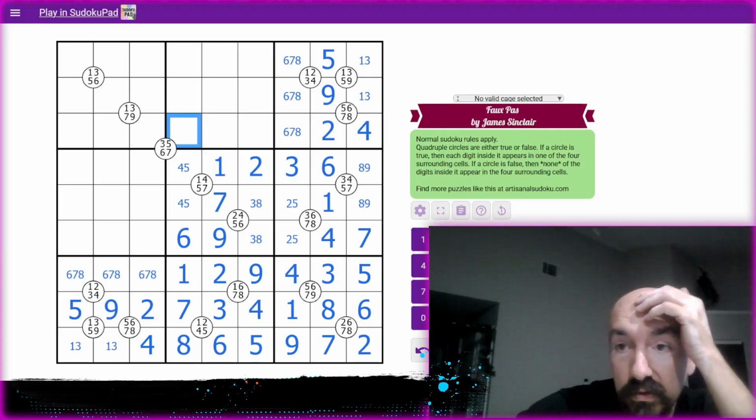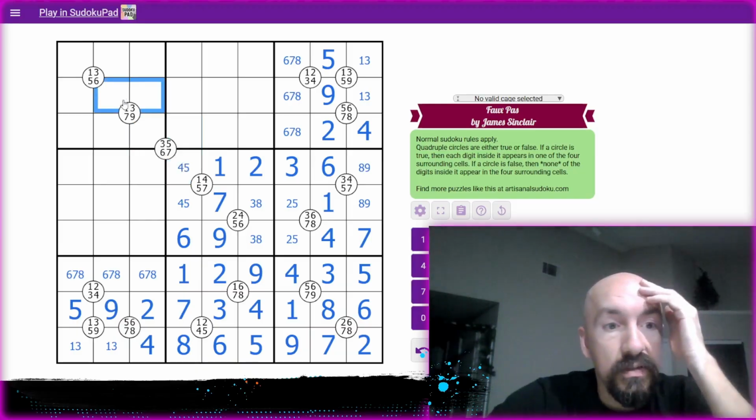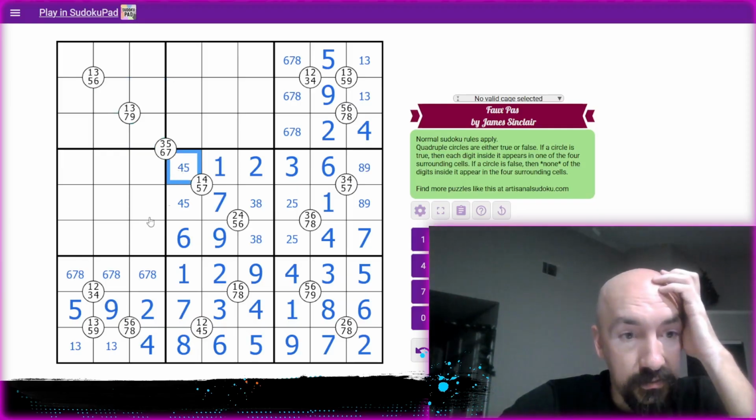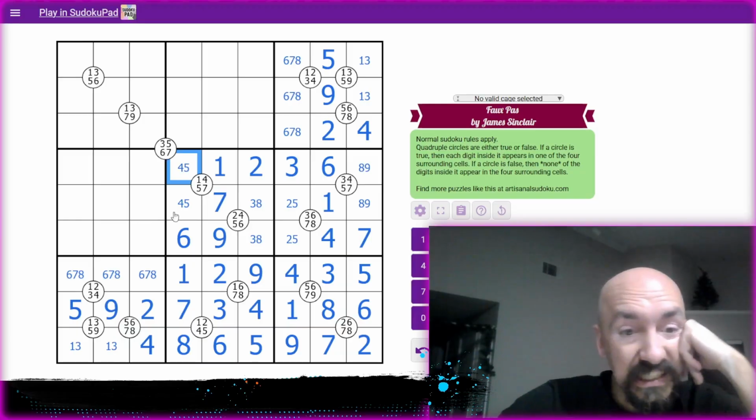Now, the only one that's throwing me for a loop is this 3 5 6 7 here, because these are both false. So if this is a 5, yeesh.